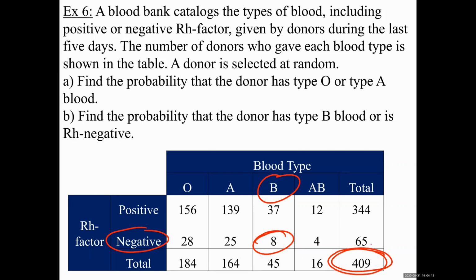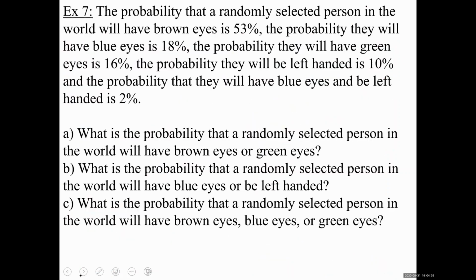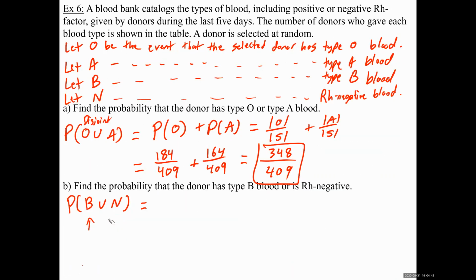If none of the people who gave blood in the last 5 days had type B and RH negative blood, if there was a 0 here instead of an 8, then you could say they're disjoint, because the sample space is just the 409 people that donated blood in the last 5 days. It's not everyone in the world. But because there's an 8 here, there are people in both, so they're not disjoint.